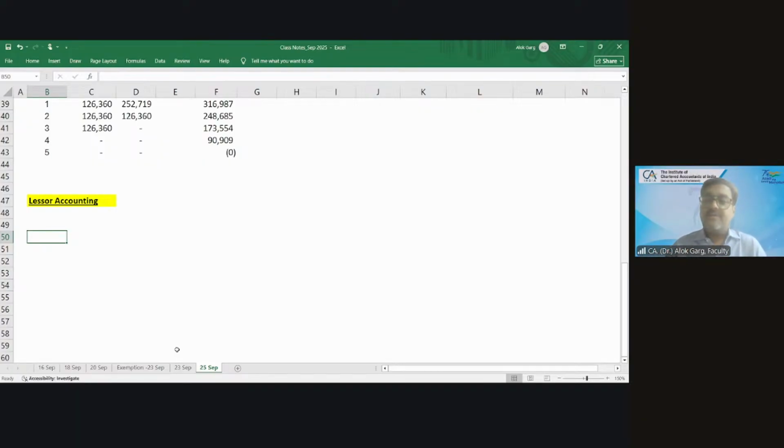You will find a wonderful experience that your understanding of Ind AS 38, 105 and 40 is faster, and your revision of Ind AS 16 is also getting done when you are reading these standards, right? When you are learning these 4 standards, which will cover at least 10 to 15 marks in your exam, you will find your revision, learning and understanding is very, very fast. So try to relate things and concepts.